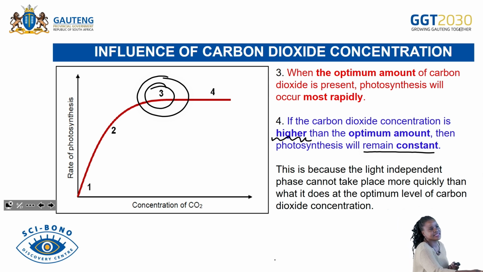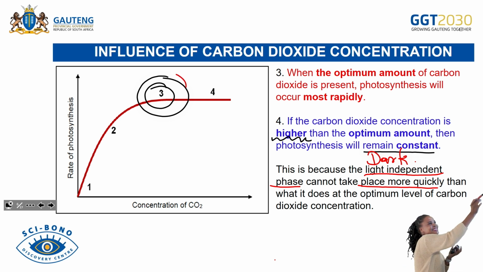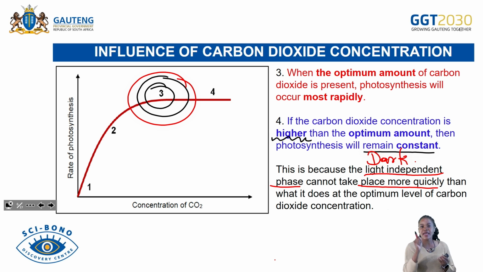Now, why is this happening? This is because during the light independent phase, remember, we are simply talking about the dark phase of photosynthesis. It means that during the dark phase, photosynthesis cannot take place more rapidly than it does when the concentration of carbon dioxide has reached its optimum level.